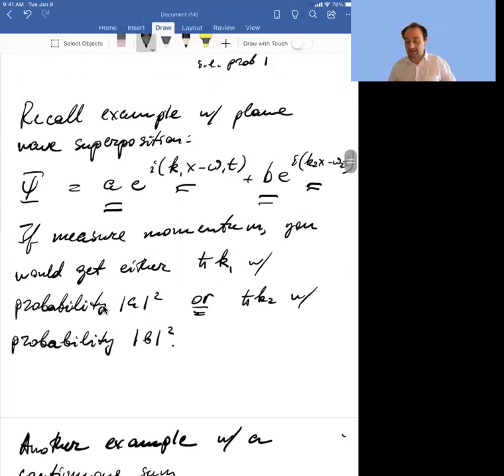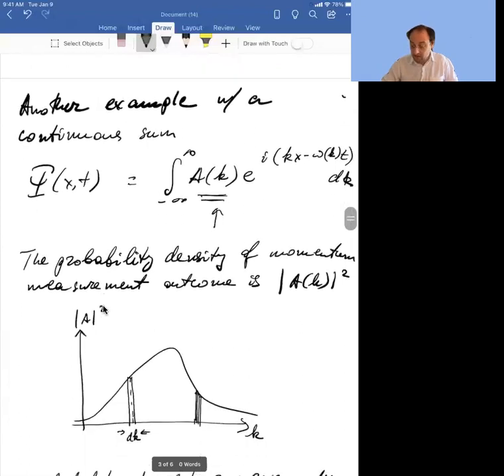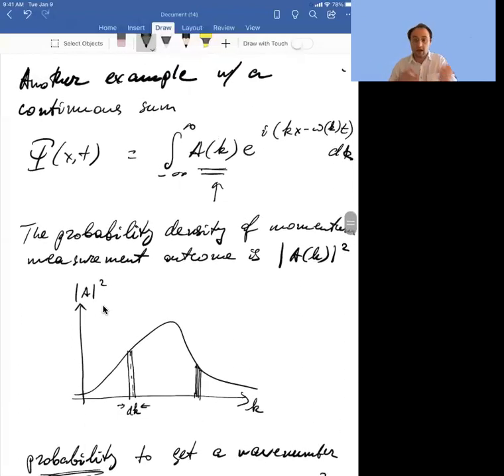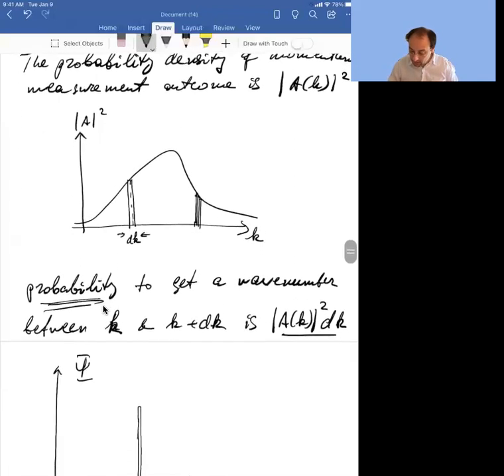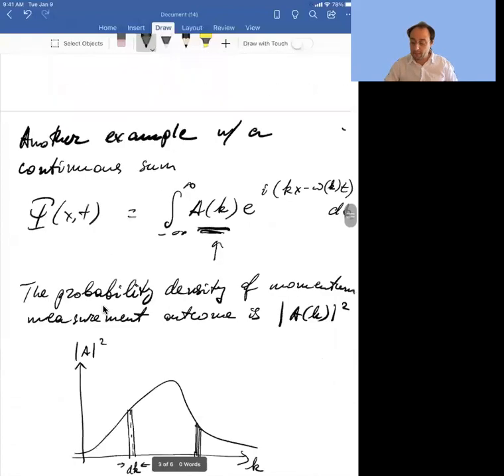then you would get one of the values represented in the superposition, with a probability given by the square of the magnitude of the coefficient in front of the term with the respective value of the momentum. And if it's a continuous distribution, then you have to talk about probability densities, but it's still basically the square of the magnitude of the coefficient in front of each term.